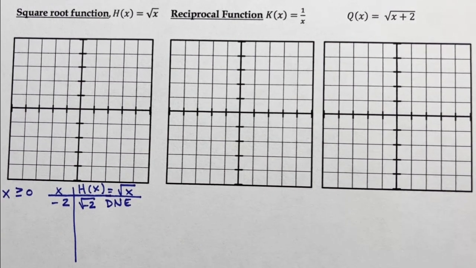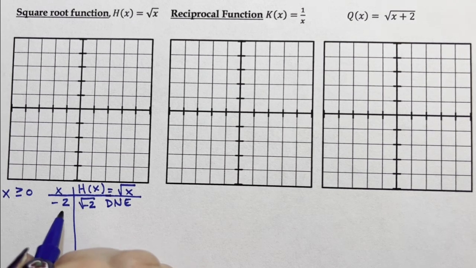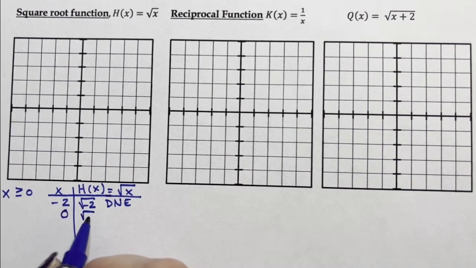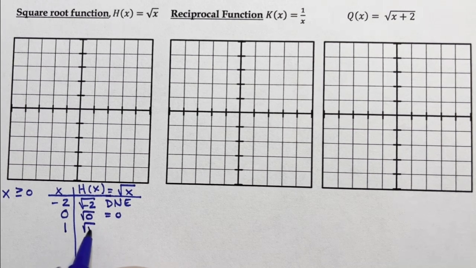Because the domain says that x has to be greater than or equal to 0, we may as well start at 0, and the square root of 0 is 0. 1 and the square root of 1 is 1. 2 and the square root of 2 is 1.414. You don't have to know that, and I'll probably skip up to 4, and the square root of 4 is 2. I like using the pretty numbers when I graph.